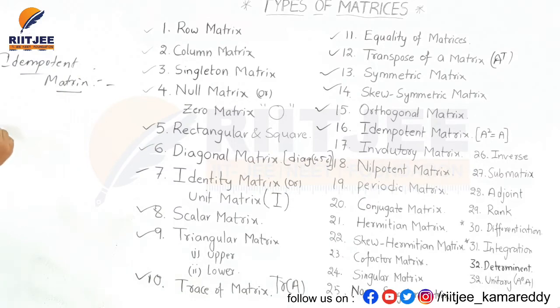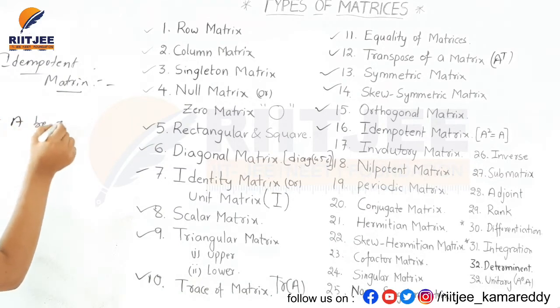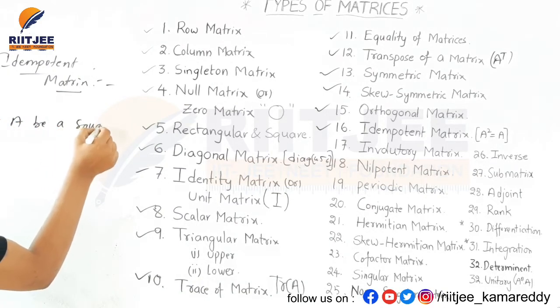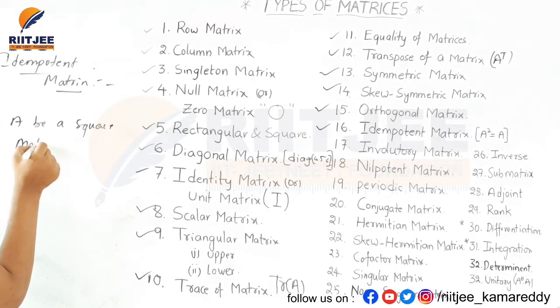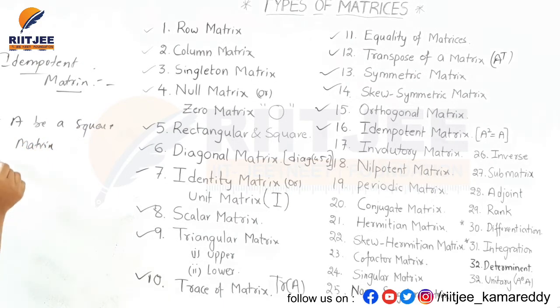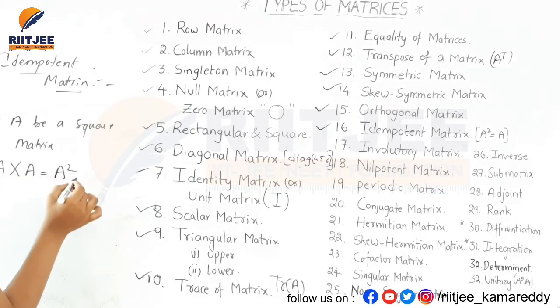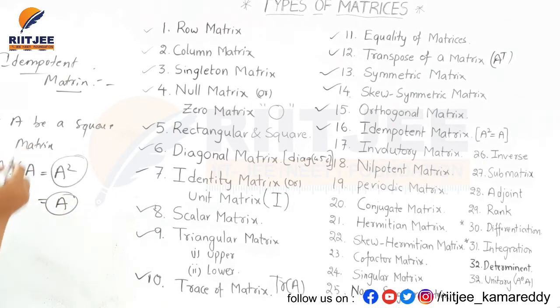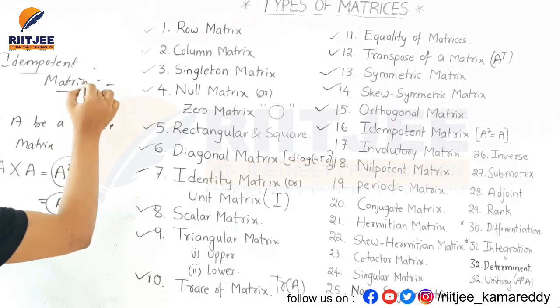For example, let A be a square matrix. If you multiply A into A, that will give A square. The output of this A square is again A, then it is called idempotent matrix.